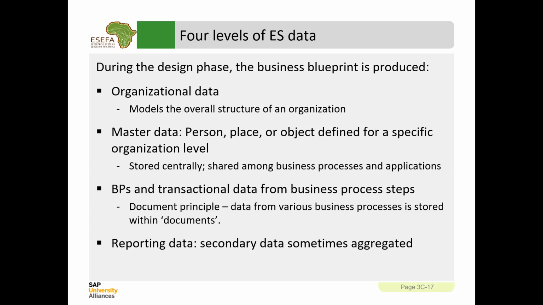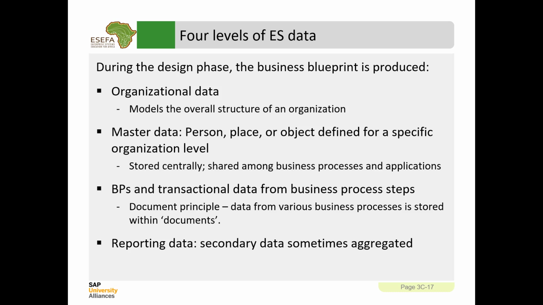So the second level of data you need to provide is the business process, or transactional, data. Now, transactional data is what level of business activities or business processes takes place, and also what kind of document I need to produce.